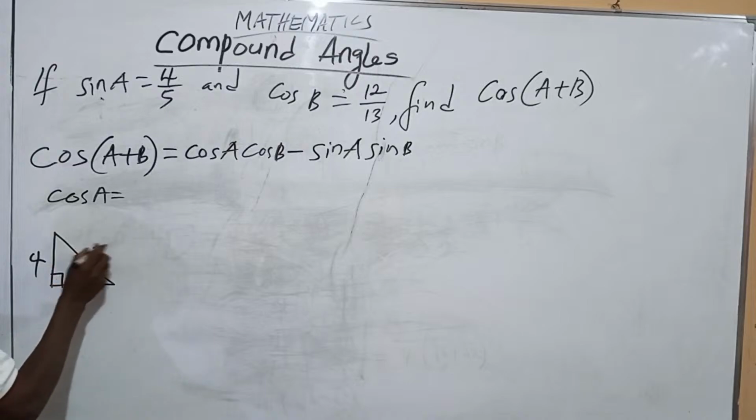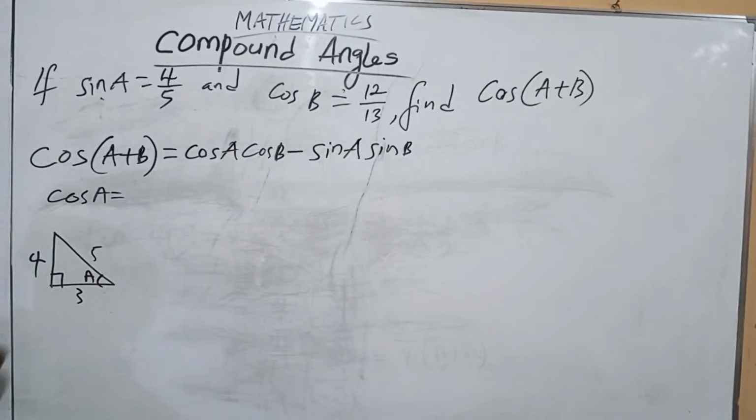So this side will be 3, from the Pythagoras triple.